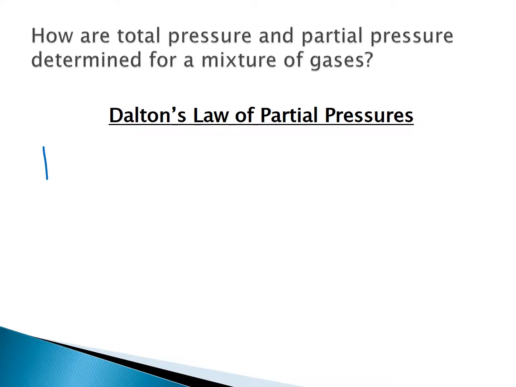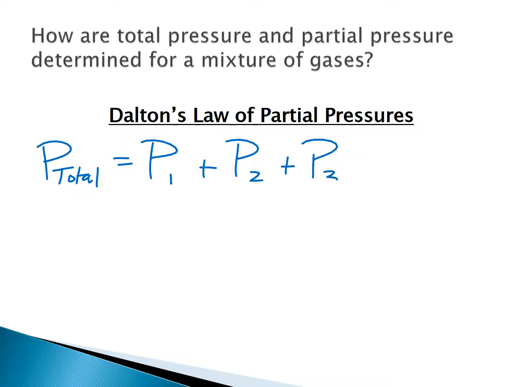Finally, Dalton's law of partial pressures. Dalton's law says that the total pressure of a system will be equal to the sum of the partial pressures of all the gases making up the mixture. Right? This is really, really easy. So here we've got the sum of all the partial pressures.